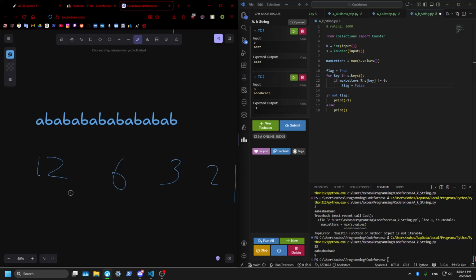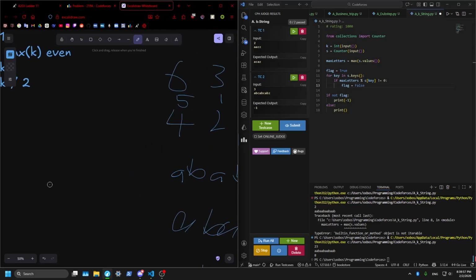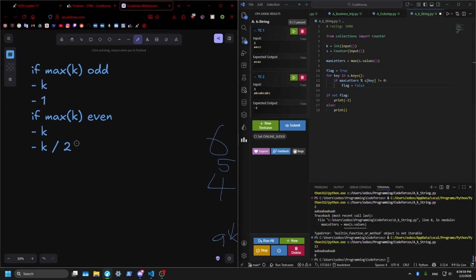Okay, so here's the case. It's k divided by 2. Okay, how do we find max k?